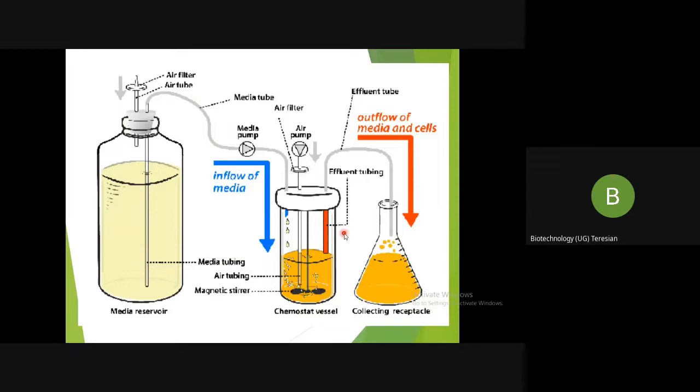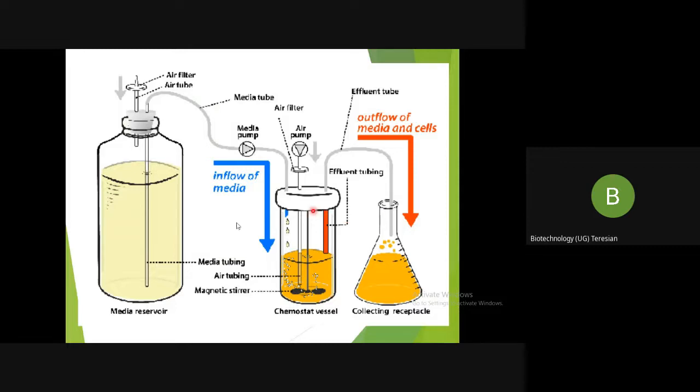So what is the meaning? What is this new biomass? New organisms are formed because you are pumping in new media, and this is equivalent to the loss of the organisms which are being removed from the fermenter. This is called the steady state because there is an equilibrium there.